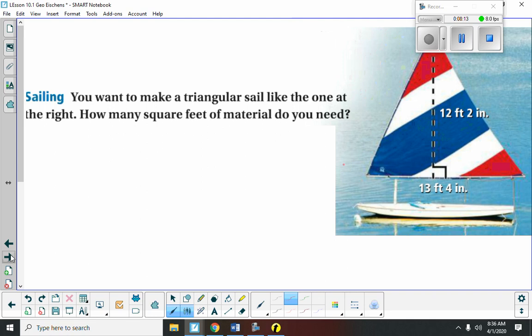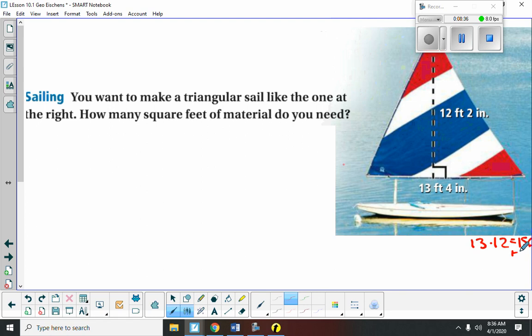Well, we have a triangle, and so this is the base and this is the height. But we have mixed units here, so we first need to convert. We'll convert everything to the smaller unit. So 13 feet, there are 12 inches in a foot. So we're going to take 13 times 12, and that gives us 156.